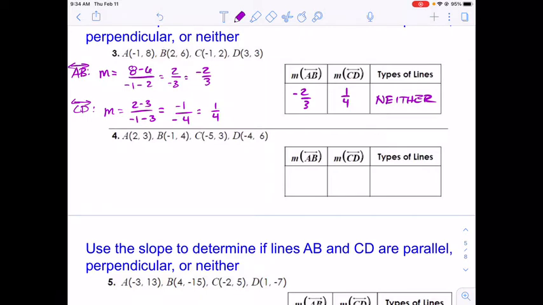All right, let's try this next one. We're going to have for AB again, 3 minus 4 over 2 minus a negative 1. So this becomes negative 1 over, this becomes plus, 2 plus 1 is 3, so we get negative 1/3.